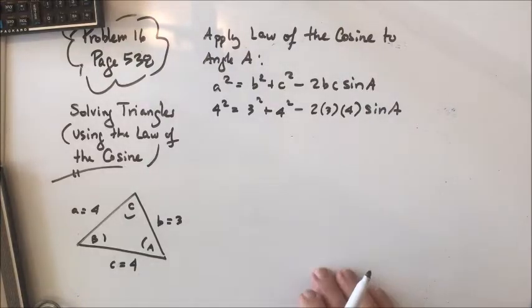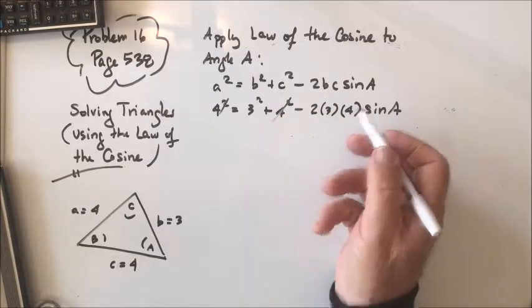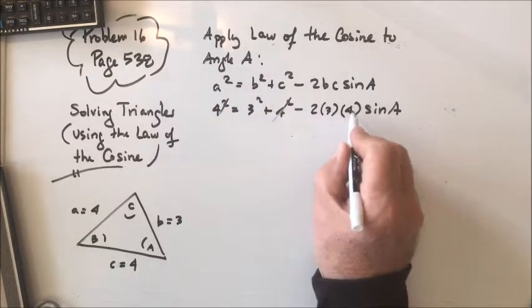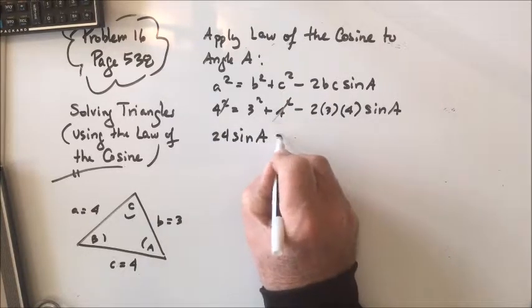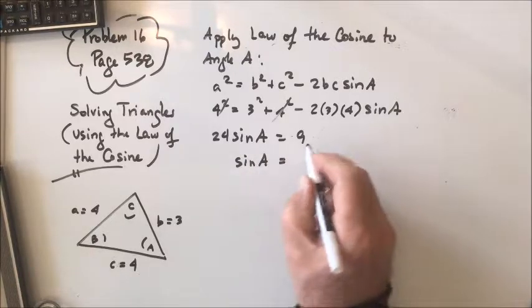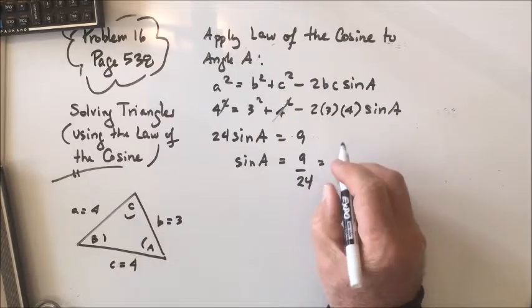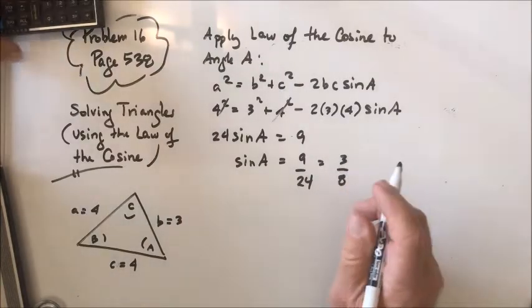I'm going to isolate cosine of A here real quick. I got a 4 squared and a 4 squared, and I'm going to put this stuff over there. This is going to be 6 times 4 is 24 cosine A is equal to 9. Cosine A is equal to 9 over 24, which if I divide top and bottom by 3, I get 3/8.